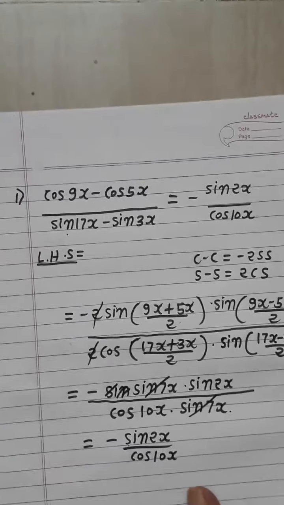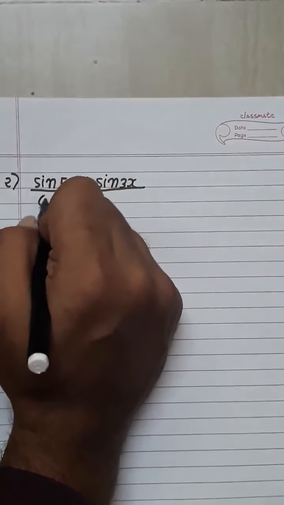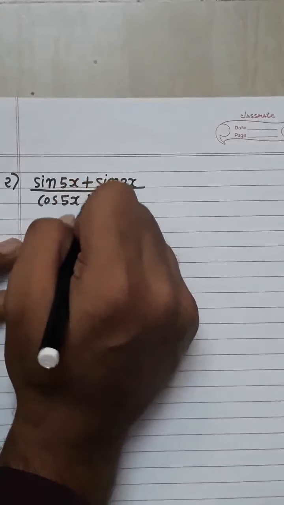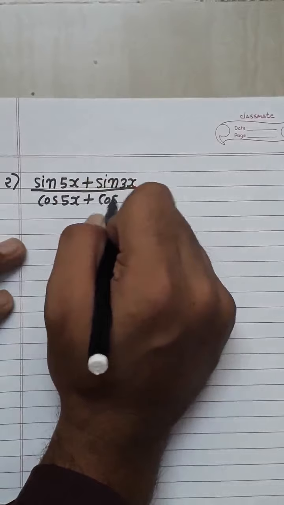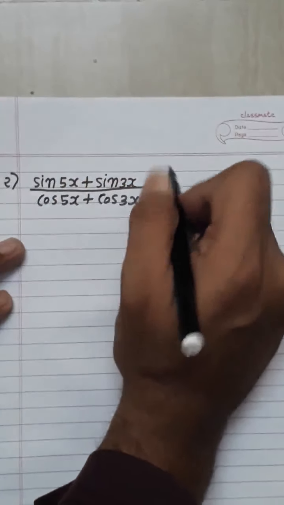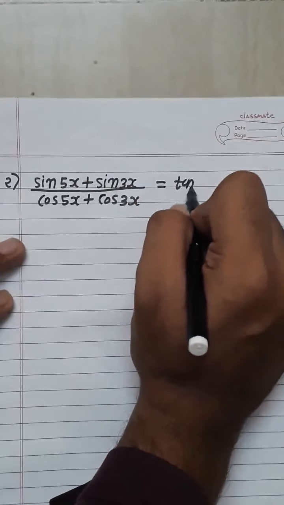Next question: prove that (sin 5x plus sin 3x) upon (cos 5x plus cos 3x) is equal to tan 4x.